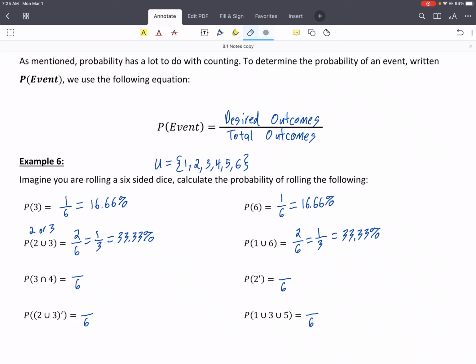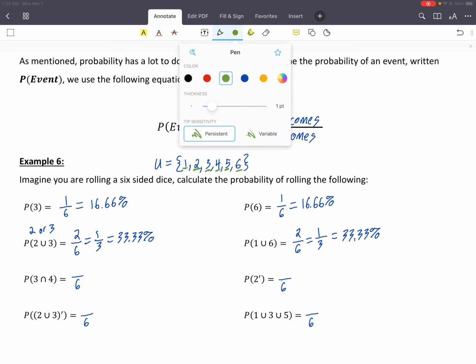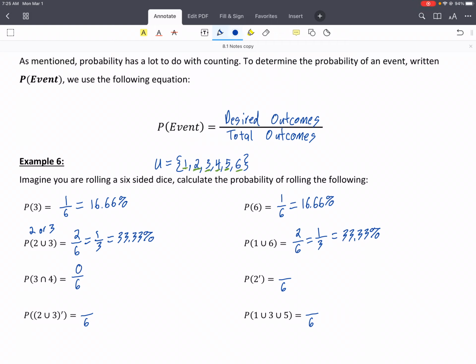So we can kind of think about this one logically, or if we look at our total possibilities here, do any of those 6 possibilities give us 3 and 4? We can get a 3 or we could get a 4, but there's no way we could get both. So this would be 0 out of 6, which is 0%.